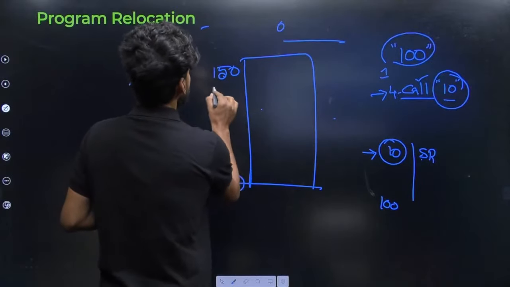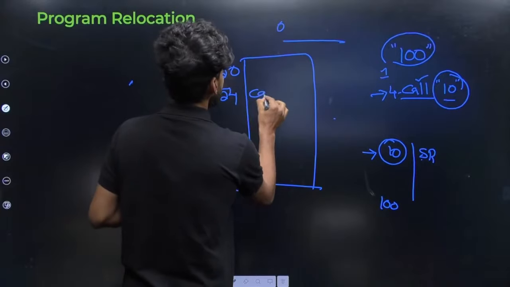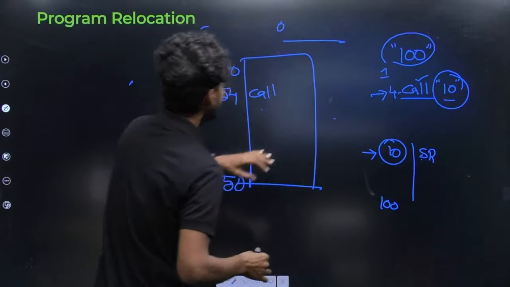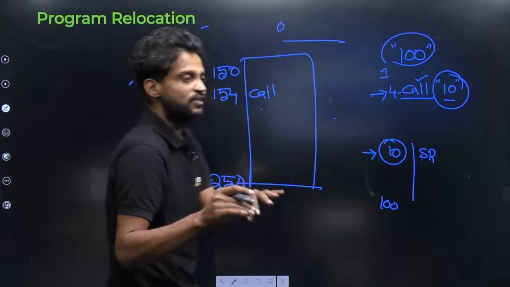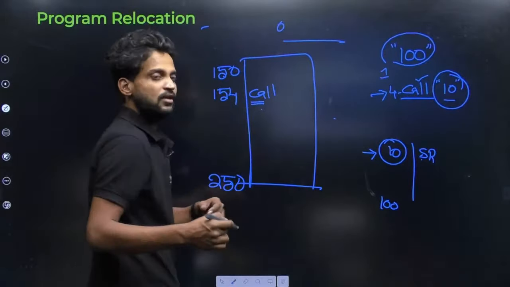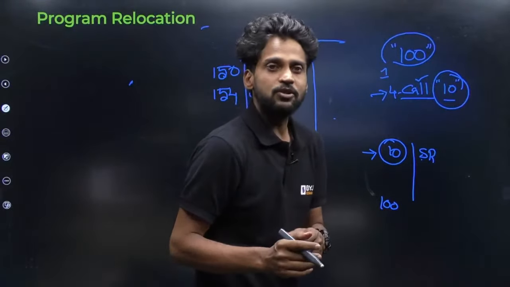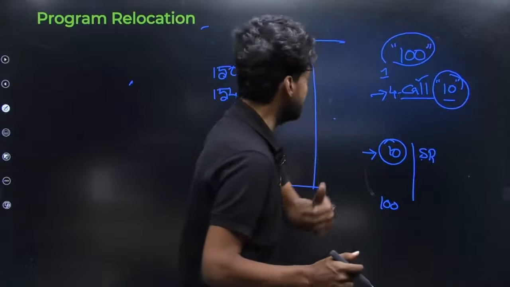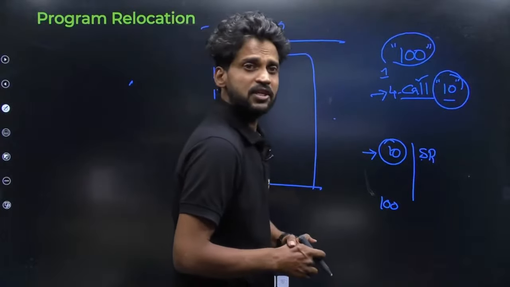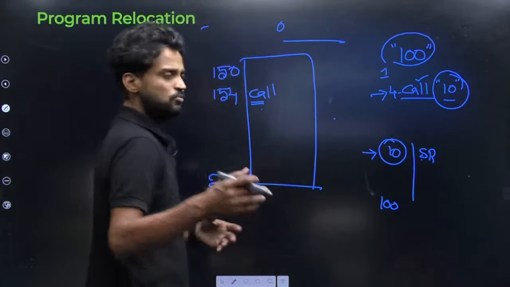Now in 154, you have a call instruction. Where do you need to branch? You need to branch to the 10th location within the program. Meaning from this instruction, if you go 6 more instructions, it works for branching and looping in a program. Absolutely perfect. Was 159 correct? If that was correct, you put it that way.